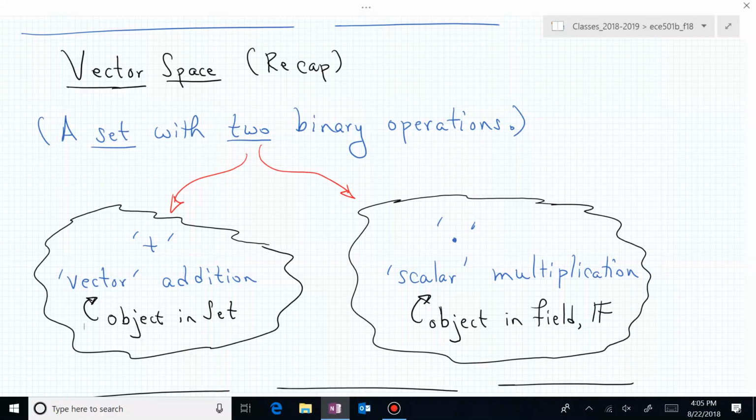A vector addition, so each of the objects that are coming from a vector space, those are vectors, you can add those together, and scalar multiplication. You can take a scalar from your underlying field of numbers, and use that to scale any object from your vector space, and that scaled vector belongs to the vector space.